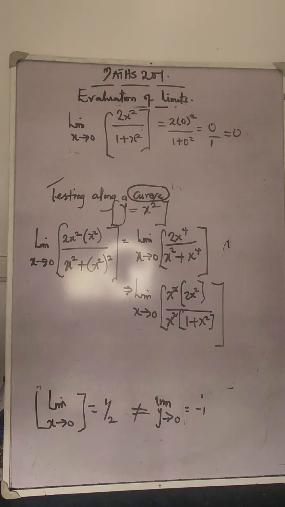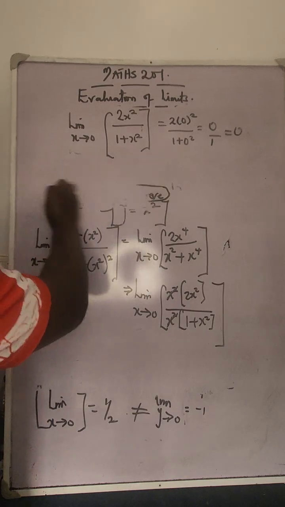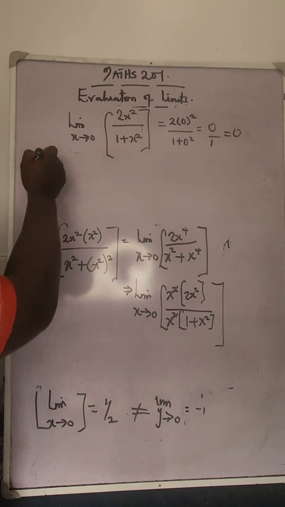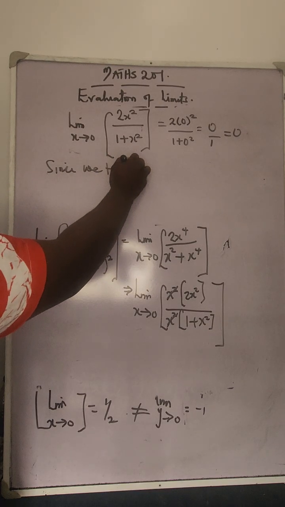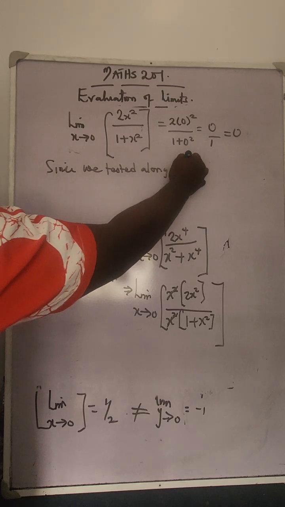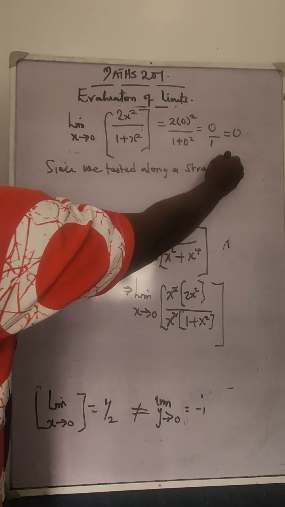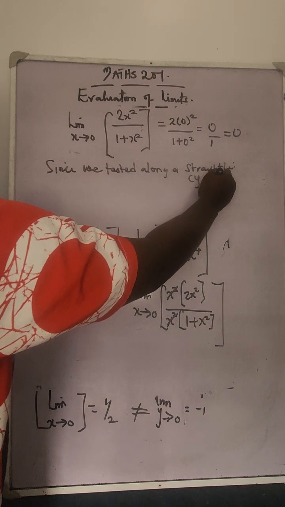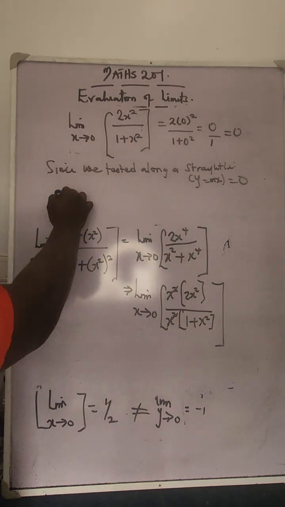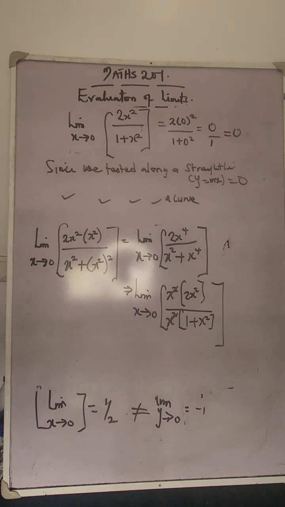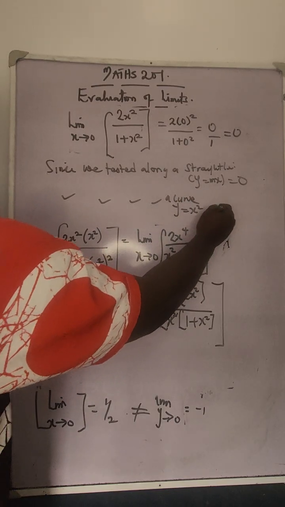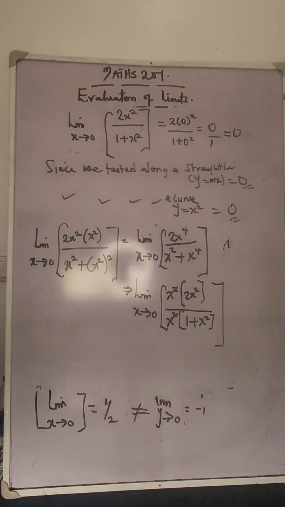So, have you been able to discover that when we tested along a straight line, where y was equal to mx, we got 0? And again, we tested along a curve, where y is equal to x squared, and we got 0. Since we're having the same answers here, 0 and 0, it means the limit exists.